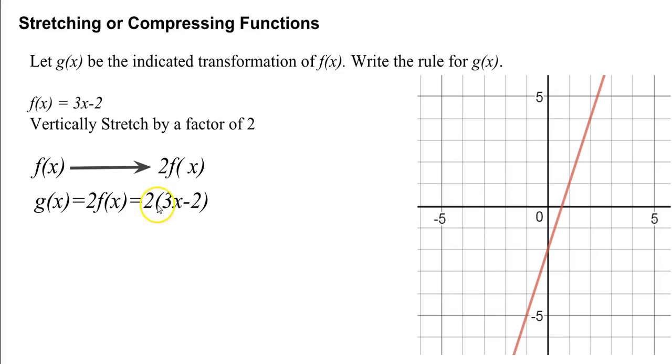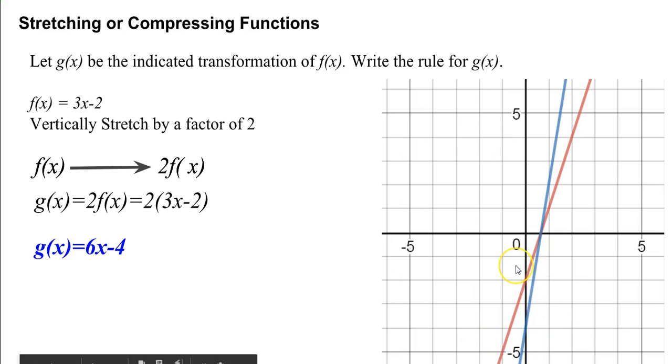And I'm going to plug in our equation for f of x, so 2 times the entire thing. We distribute our 2 times 3, and 2 times negative 2. And simplify, we get 6x minus 4. That's very similar to our last one, but our y-intercept changed.